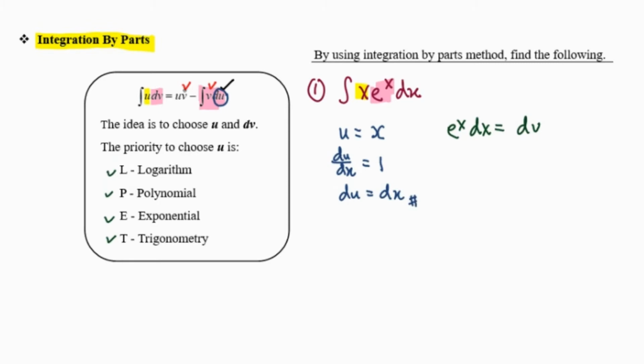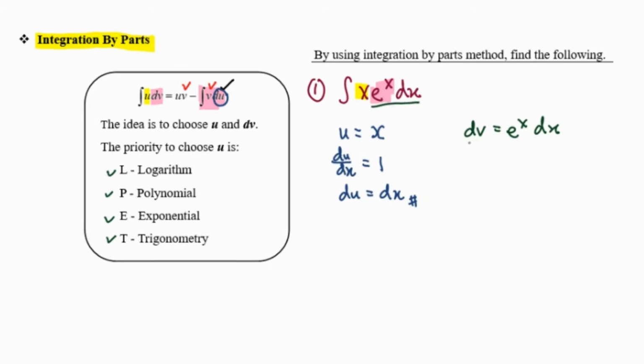Then, by looking at this formula, we already have u and we found du, so now we're going to find v. How are we going to find v? We will integrate the dv part. dv equals e^x dx. I rearrange the order: I start with dv, then equals the rest of the function, e^x dx.